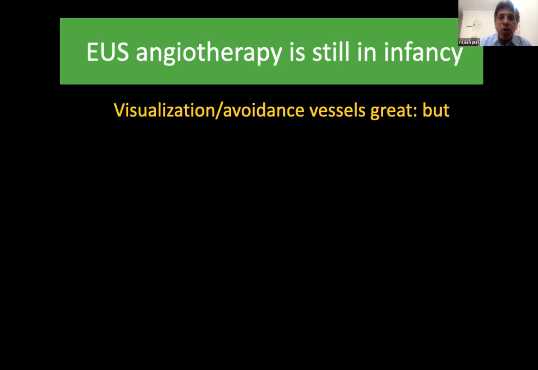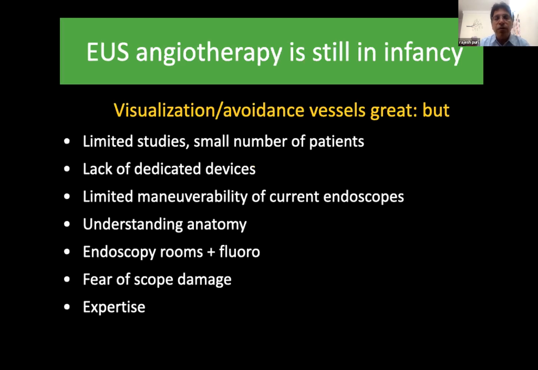So why is EUS angiotherapy still in infancy? As I said, visualization and avoidance of vessels with EUS is great. Till now, the role of EUS was to avoid blood vessels while taking FNAC and to know the vascular staging. But therapy is an extension of EUS-guided visualization and avoidance of vessels.